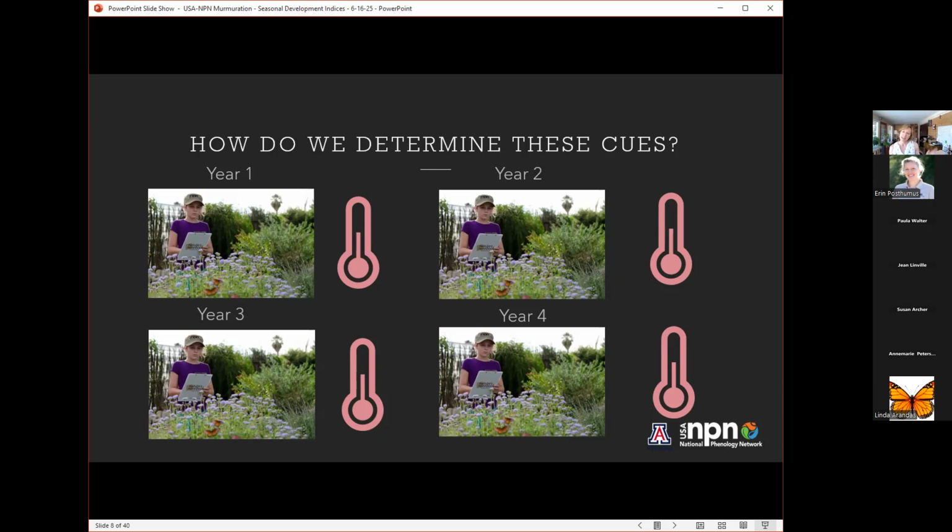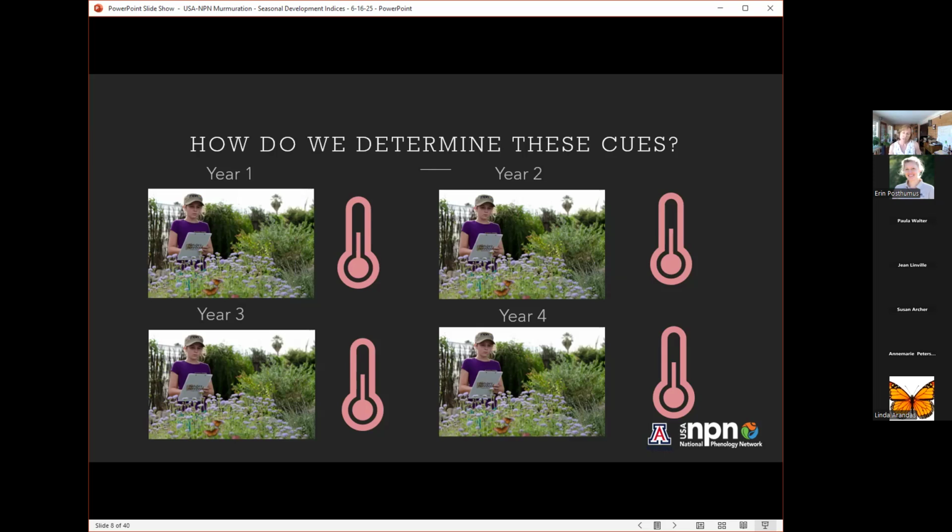So we can take the observations that you contribute that help us identify when something happens, like the pine needle scale crawlers emerged, and even if you aren't tracking temperature, that's fine, because we can take your record and attach it to those historical temperature data products that we can pull from other sources.